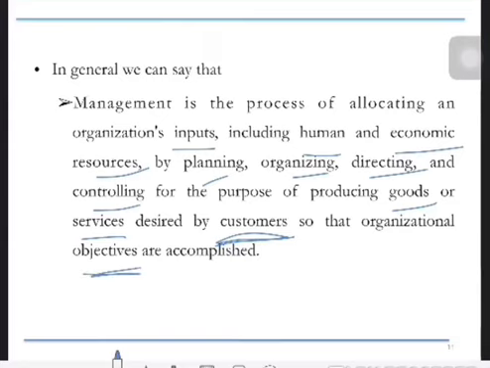So it's a process of simply allocating organizational inputs, and there are different types of inputs, by managerial functions. Such products and services should be desired by customers, so that organizational objectives are achieved. So such one we can say is management.